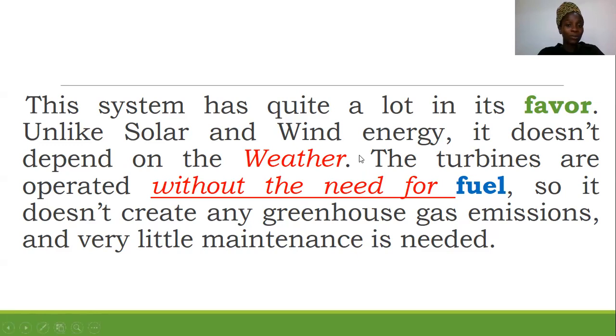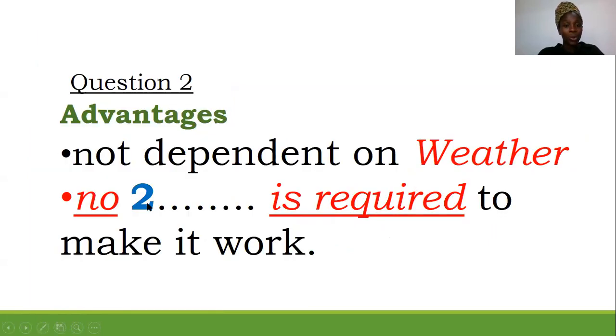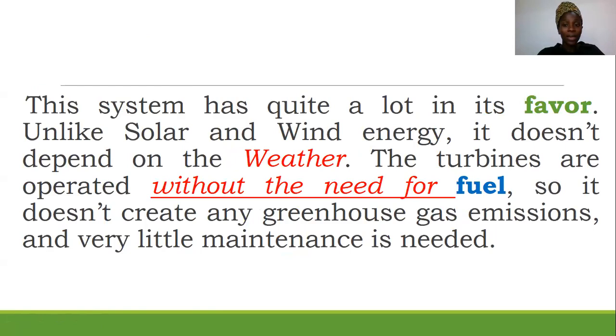And as you follow the audio while listening, you will see that the turbines are operated without the need for. Without the need for is also saying not required. So what is not required? Your answer is fuel.